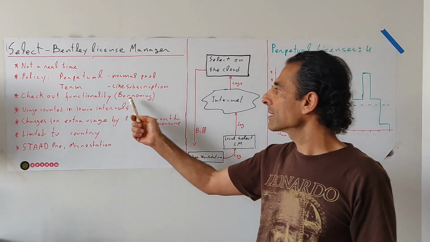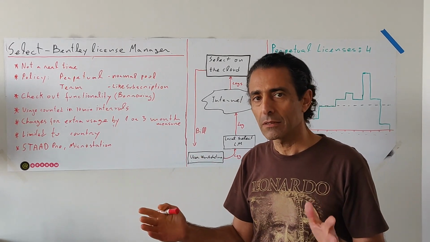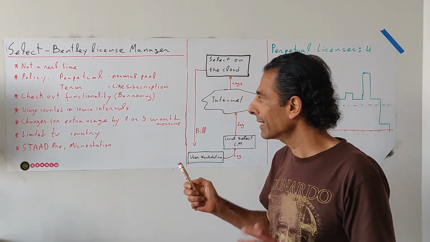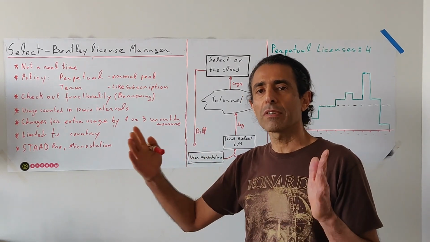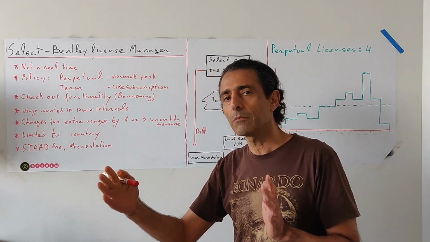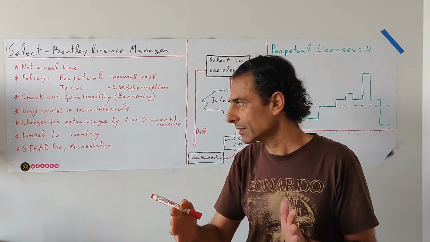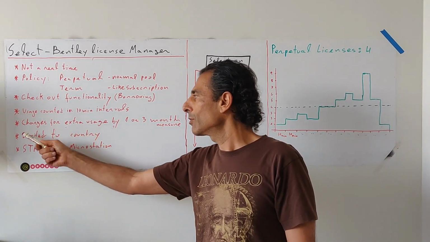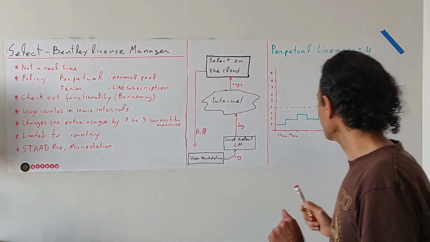The usage is counted in 10 minute intervals. And the charge is usually every 3 months, but if you get a subscription, you are charged every month. It's also limited to a country. And now let's see how we do the counting.